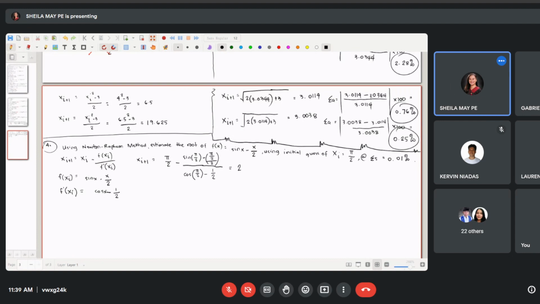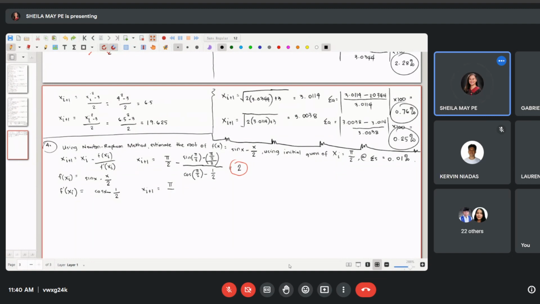Next. We already have this. Now in here, that's still pi over 2. No, it's not pi over 2 anymore.